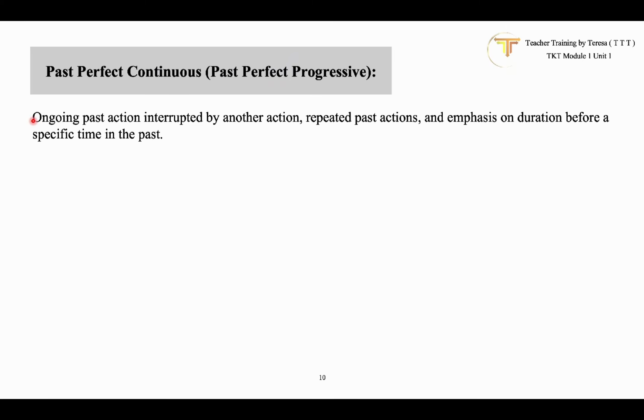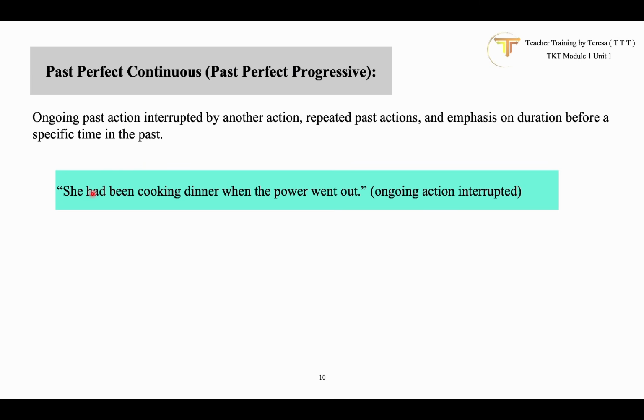Past perfect continuous, or past perfect progressive, describes ongoing past action interrupted by another action, repeated past actions, and emphasis on duration before a specific time in the past. Examples: She had been cooking dinner when the power went out.